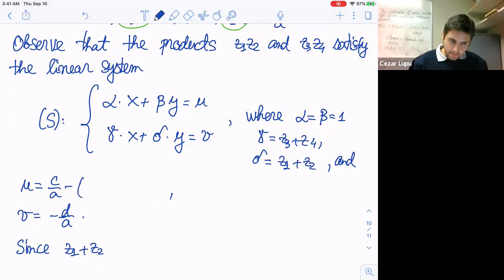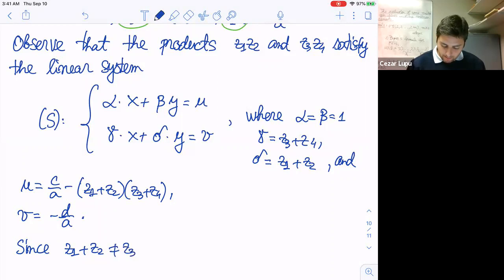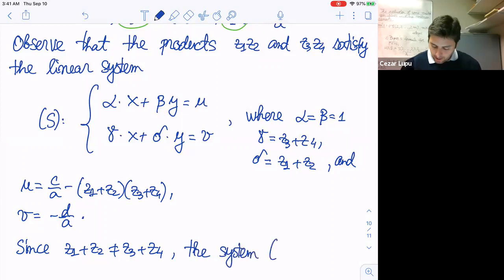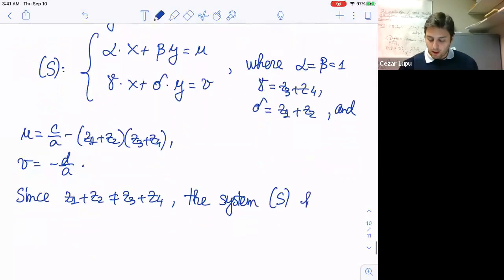This U will be Z1 plus Z2 times Z3 plus Z4. Since Z1 plus Z2 is different than Z3 plus Z4, this system S has a unique solution.